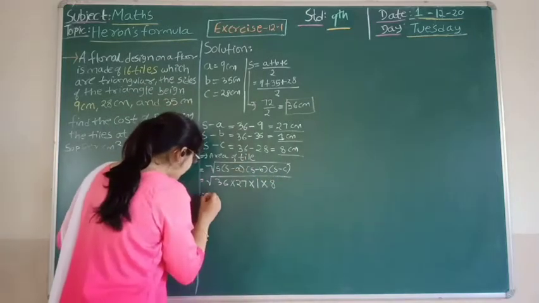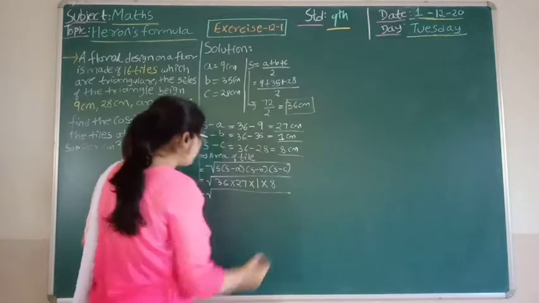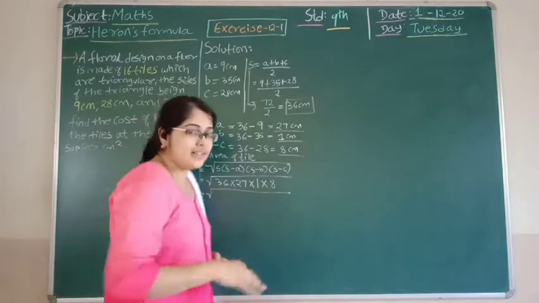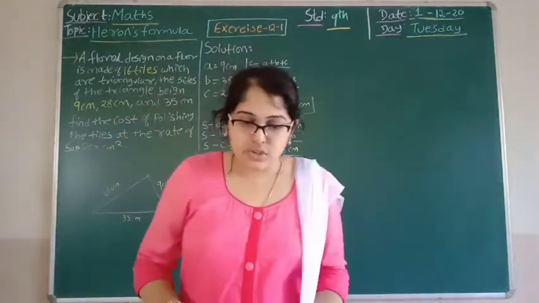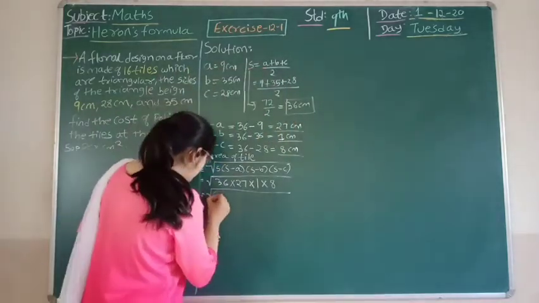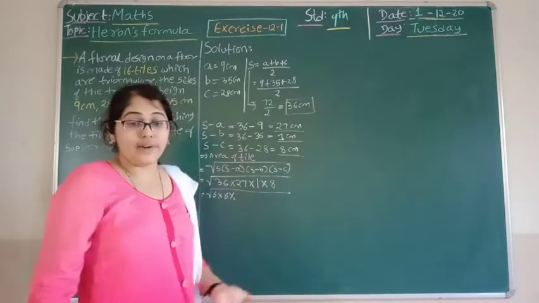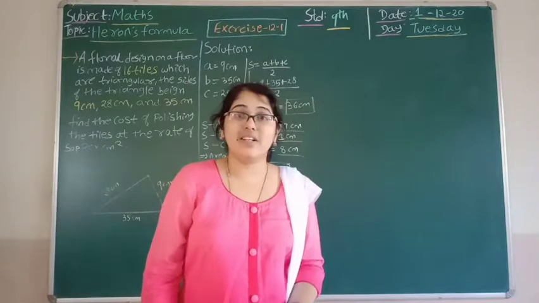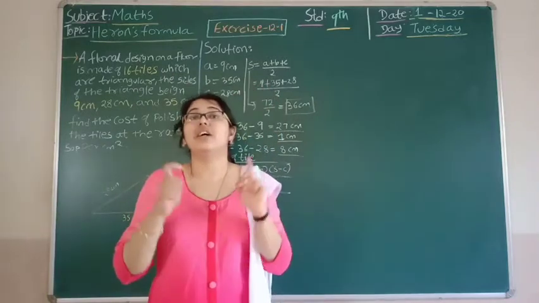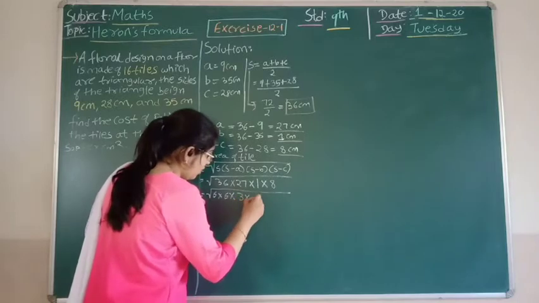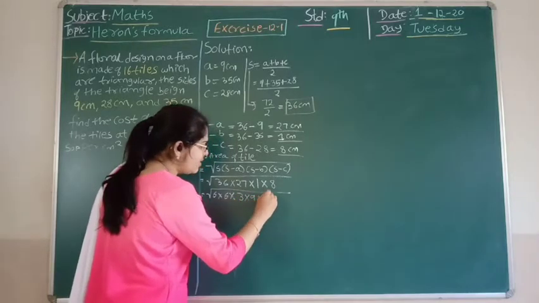Now, if I factorize this, what do I get? 36 you can write as 6 into 6. If I factorize 27, then 3 nines are 27, so 3 into 9, and this 1 remains 1.